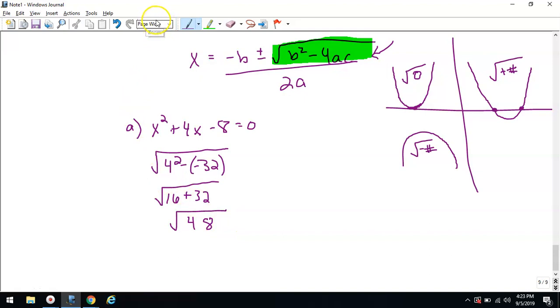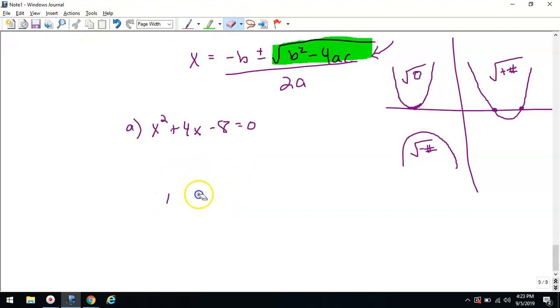Then it says to finish using the quadratic formula or completing the square. Let's do completing the square since you guys probably need more practice at that. All right, so we're going to have x squared plus 4x plus, and we're going to move the 8 over to the other side already.